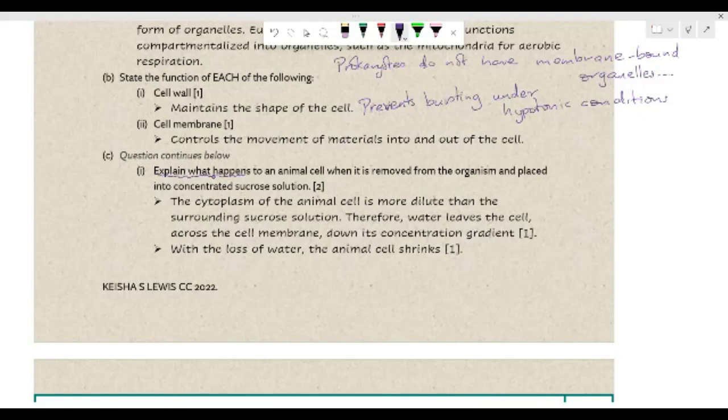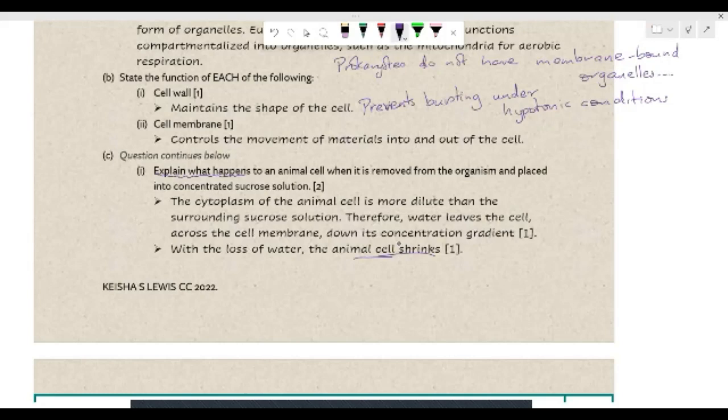So as part of your explanation, you're going to state what happens, right? So the cytoplasm is more dilute, water leaves the cell down its concentration gradient, right? With loss of water, the animal cell shrinks. Boom. All right. And that's the part where you say what happens. The animal cell shrinks. Okay. And that's basically what it is.